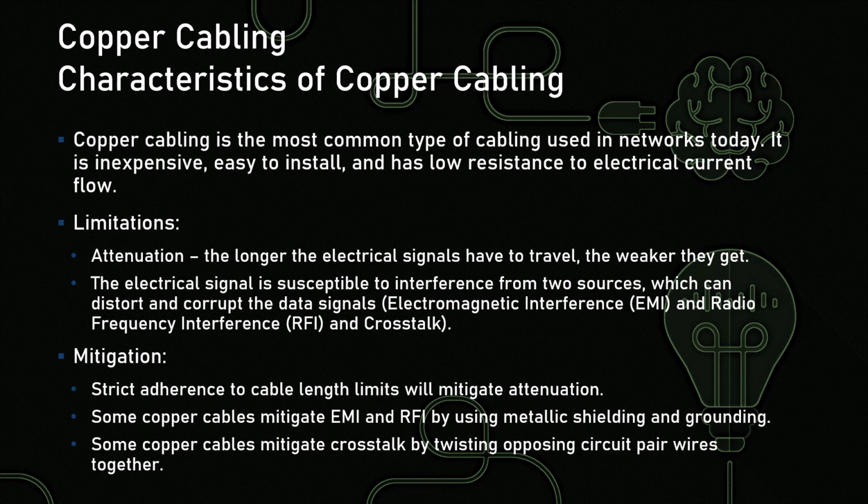There are some detriments. Attenuation. The longer electrical signals have to travel on a single piece of the conduit, the weaker they get. Essentially, it's kind of like throwing a baseball. If you were to throw a baseball at the speed of a major league pitcher, somewhere between 90 and 110 miles an hour, you'd be able to put a lot of force into it at the beginning, but you're fighting against air resistance, you're fighting against gravity.